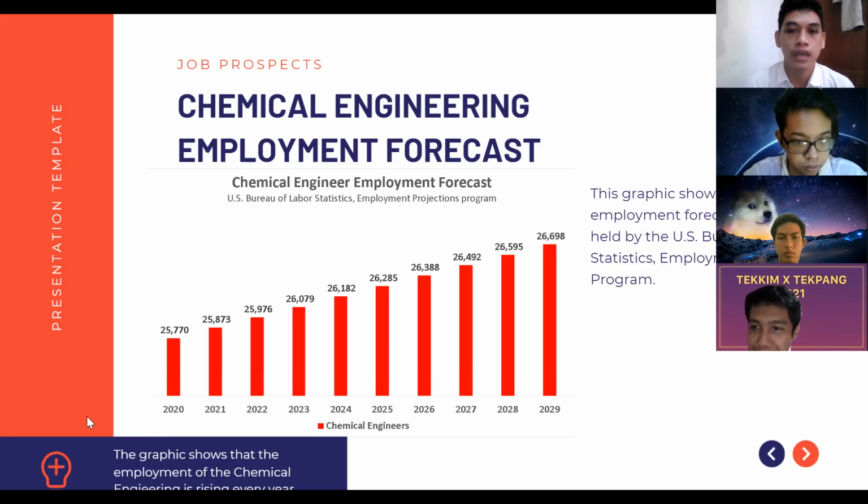From this chart, we can see that the need for chemical engineers in industries is increasing through the years. So we can conclude that chemical engineers are important for the chemical industries, and the chemical engineer is also needed for industry and society.